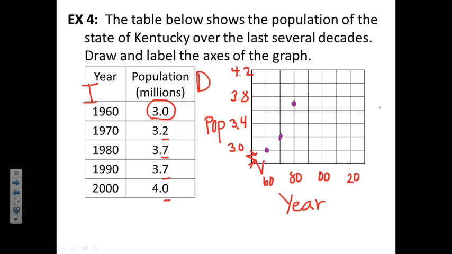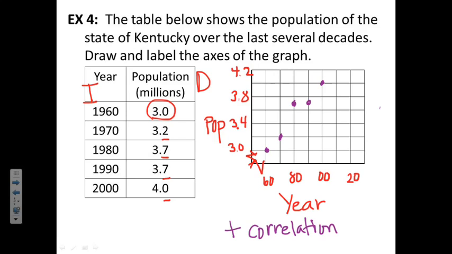We go again over 90 up 3.7 and we've lost that linear relationship. It's no longer straight. And we graph our last one, 2000 up 4.0, and we see that it definitely has a positive correlation. We can see that as we increase in years, the population also increases.